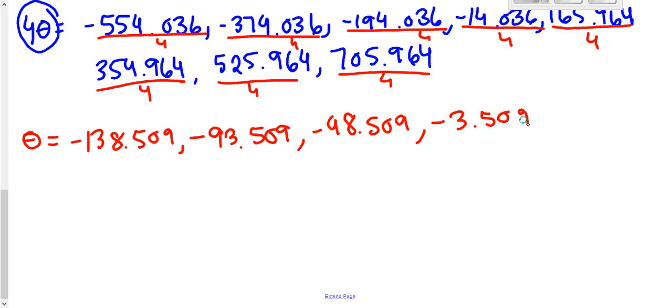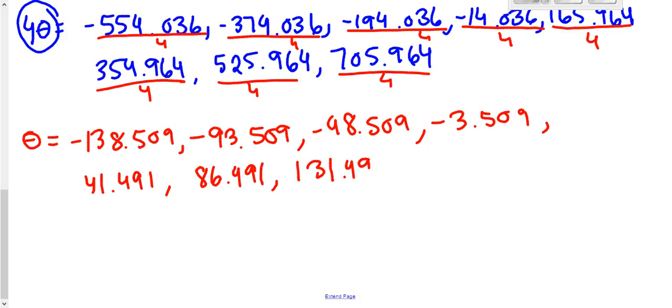And I'm going to put the positive ones down here. So this is positive 41.491. This is positive 86.491. And 131.491. And finally, we have 705 divided by 4, which gives us 176.491 in our answer.